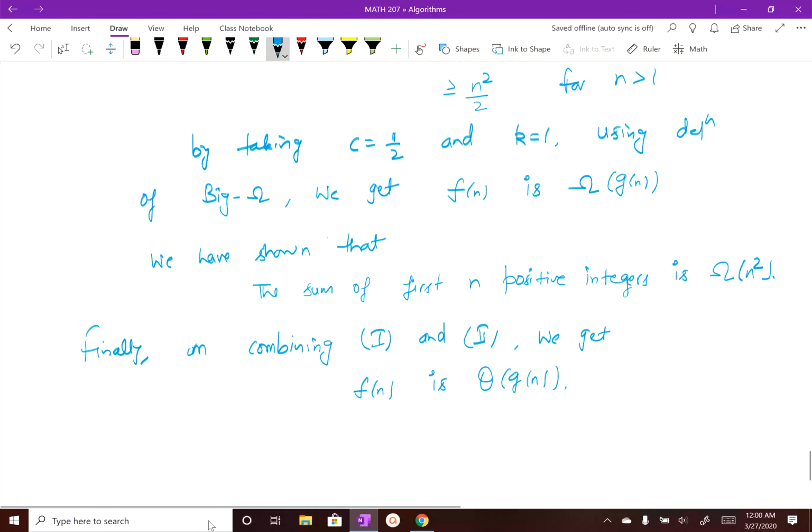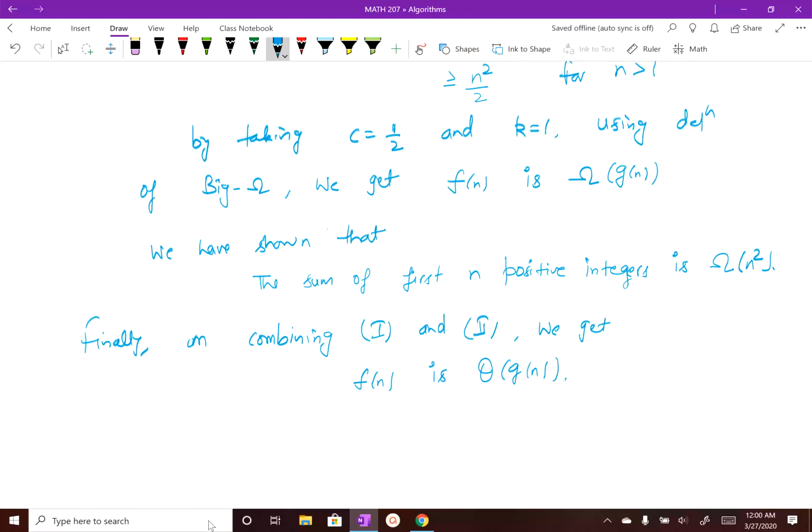Okay, and that means the sum of first n positive integers is big theta of n square. And we are done with the proof of this example.